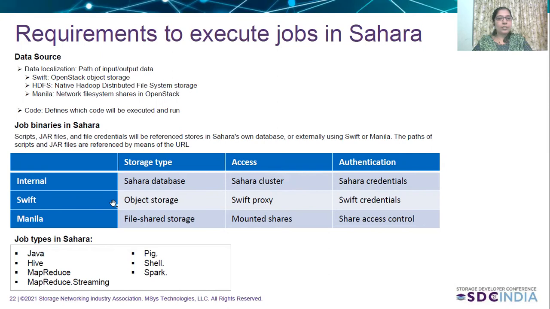In case it is Swift, access would be through the Swift proxy and Swift credentials, and similarly for Manila. And Sahara supports different job types like Java, Hive, MapReduce streaming, Pig, Shell, Spark.